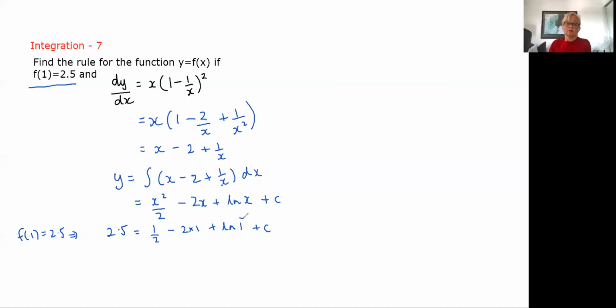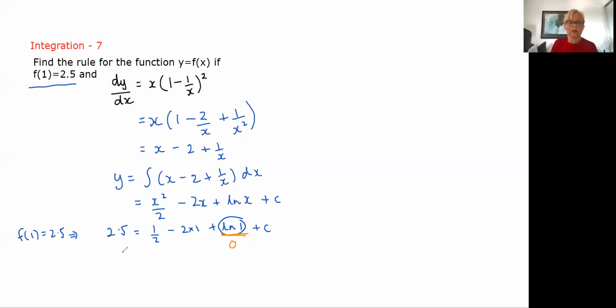Now, natural log of 1, thinking back to our logs, what that's really saying is, what do I raise e to give me 1? Well, that's going to be 0, isn't it?